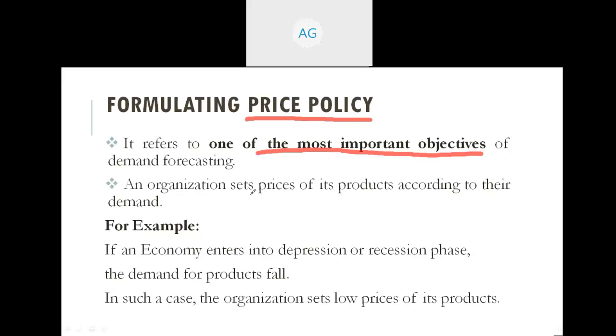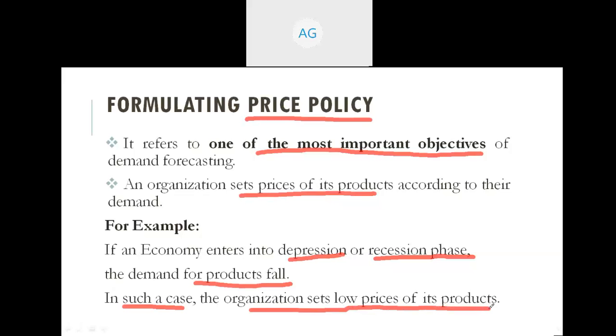An organization sets prices of its products according to their demand. For example, if an economy enters into a depression or recession phase, the demand for products falls. As we already saw in the case of coronavirus. In such a case, the organization sets low prices of its products.